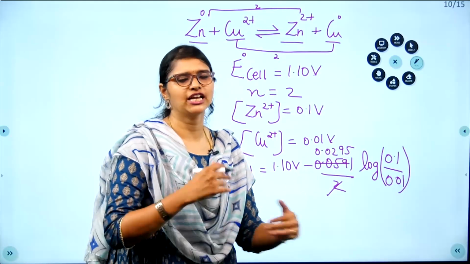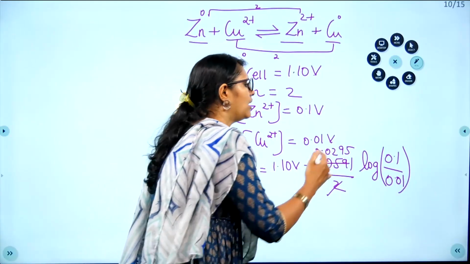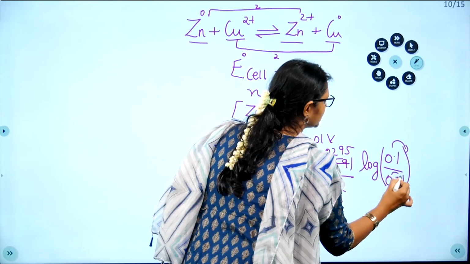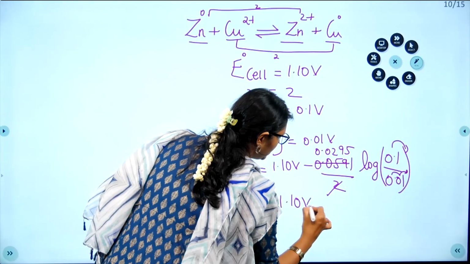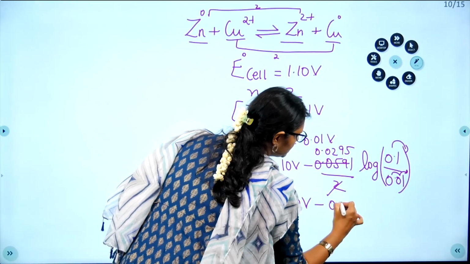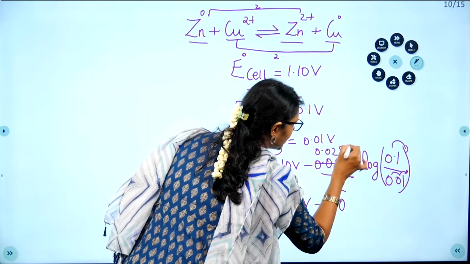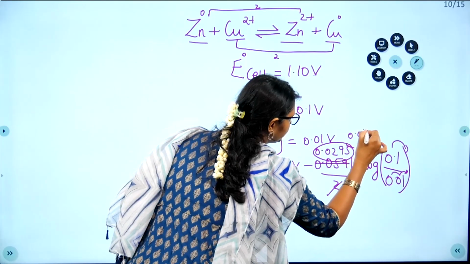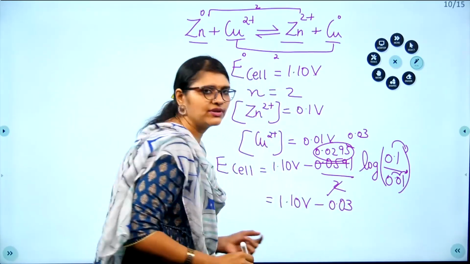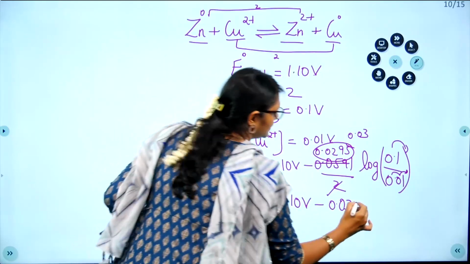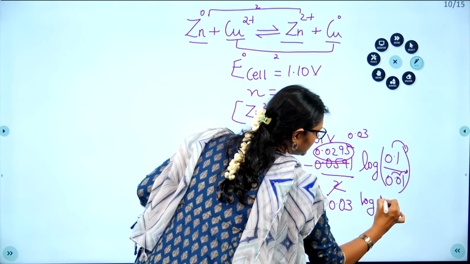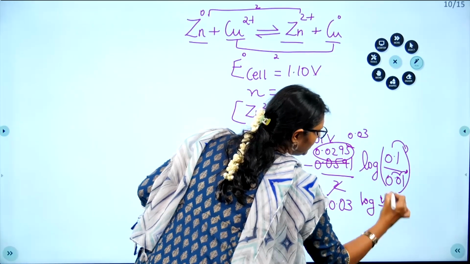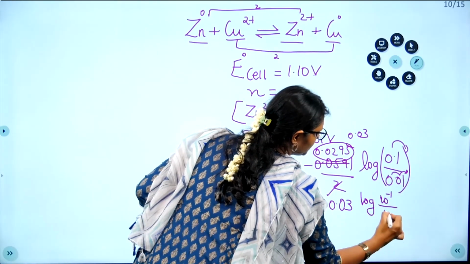So that our calculation becomes a little easier. Also you can convert this into powers so that the calculation becomes easy. So 1.10 volt minus 0.0295, I am taking it as 0.03. Not much difference will happen in the answer. So log, 10 to the power minus 1 divided by how many shiftings here? 2 shiftings, so 10 to the power minus 2.